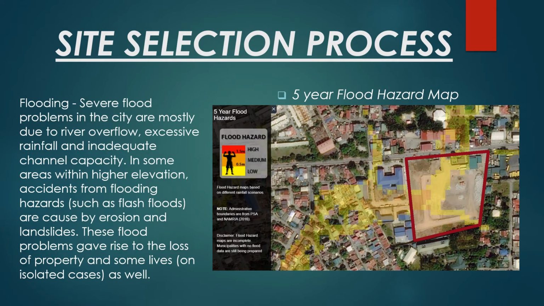Severe flood problems in the city are mostly due to river overflow, excessive rainfall, and inadequate channel capacity. In some areas within higher elevation, hazards from flooding, such as flash floods, are caused by erosion and landslides. These flood problems gave rise to loss of properties and some lives as well.